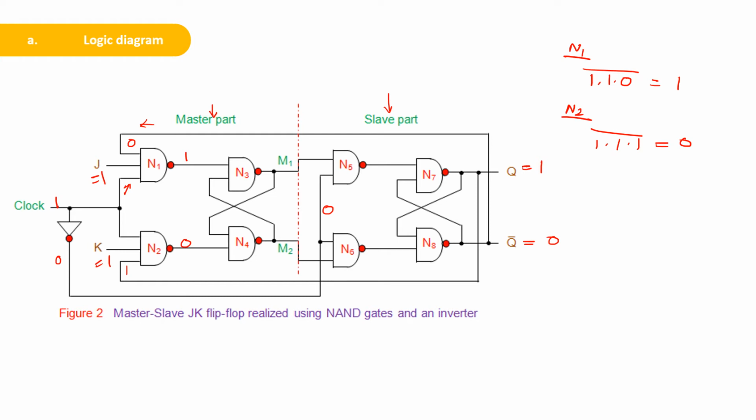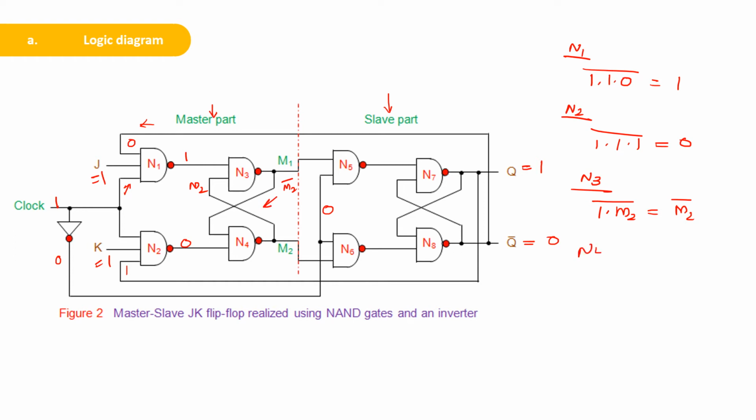Now if you take NAND gate N3, one of the inputs is 1, the second input is M2. So its complement is M2 complement. Now this is fed back as the input of N4.